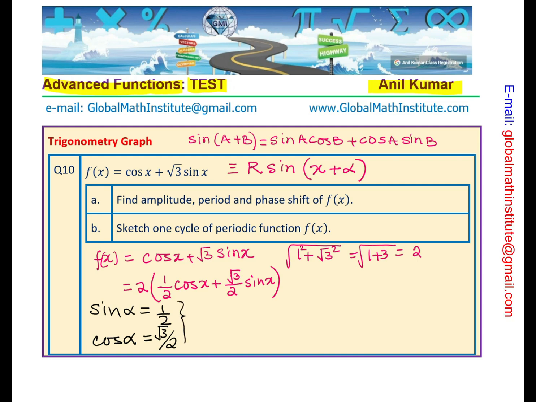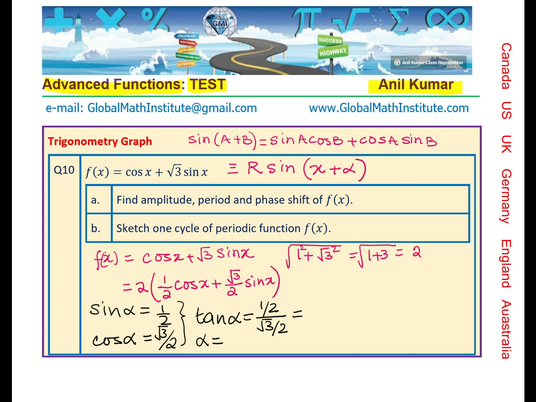So normally it is not that simple. So what we do is we divide them. So we get tan alpha equals to half by square root 3 by 2. And from there, it is very clear that tan alpha is like 1 over square root 3, right?